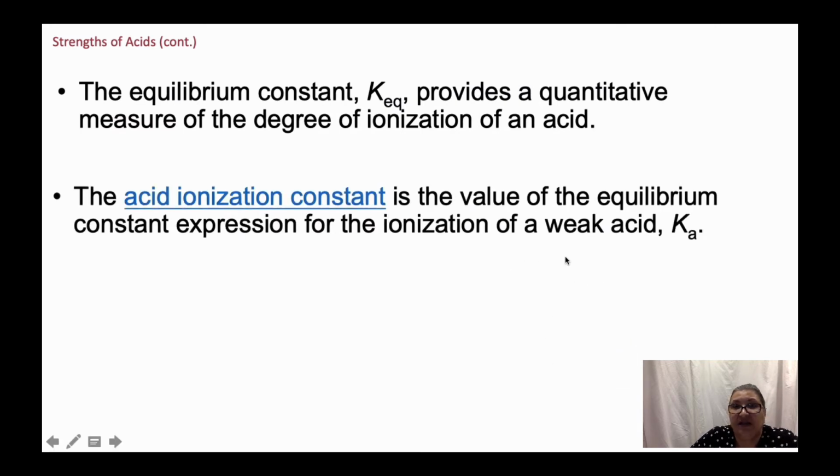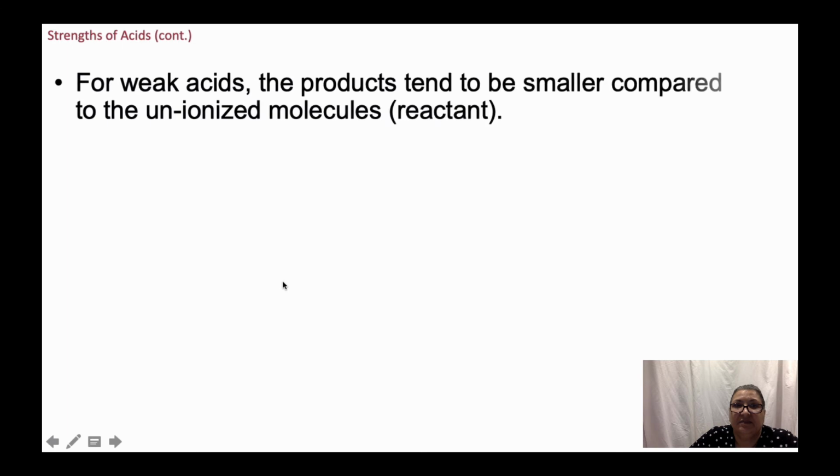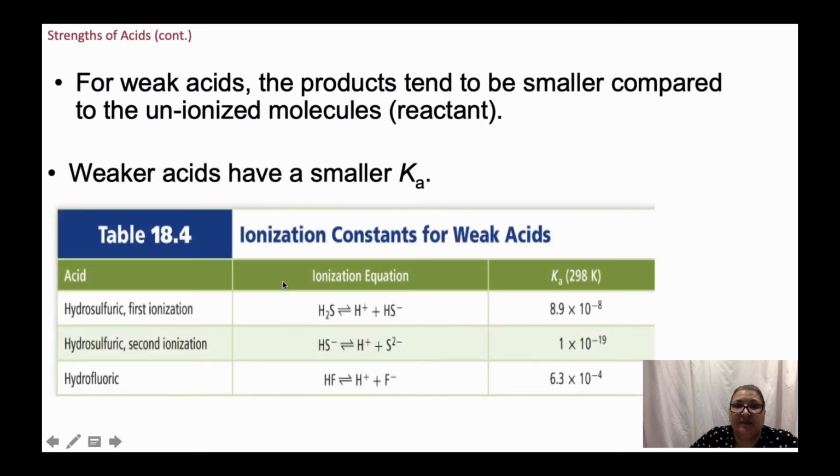Now we have ionization. The ionization constant is represented as Ka, and we're going to be writing the expression, which is product over reactant. Now, the weaker the acid, the smaller the Ka.